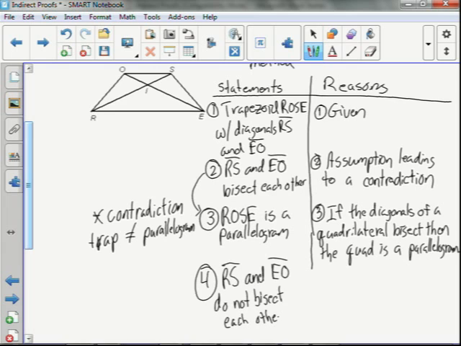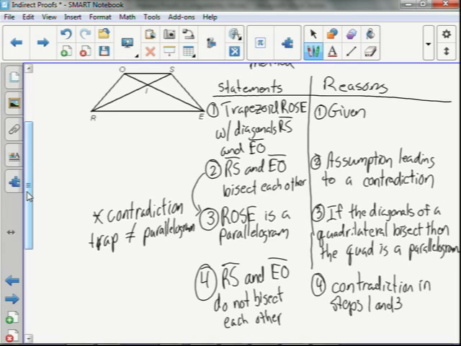And the reason is because of a contradiction in steps 1 and 3. Can't be a trapezoid and a parallelogram.